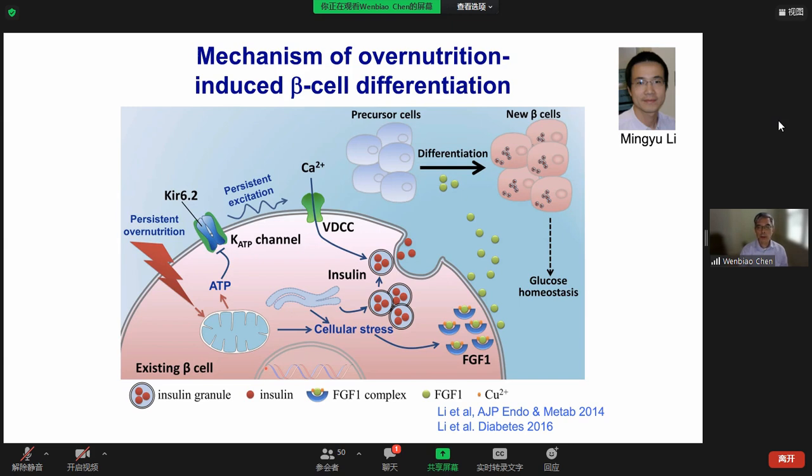And for reasons we still do not know, this ER stress seems to trigger the release of FGF1, and FGF1 induces differentiation of the progenitor cells to become and to get more beta cells to maintain glucose homeostasis.